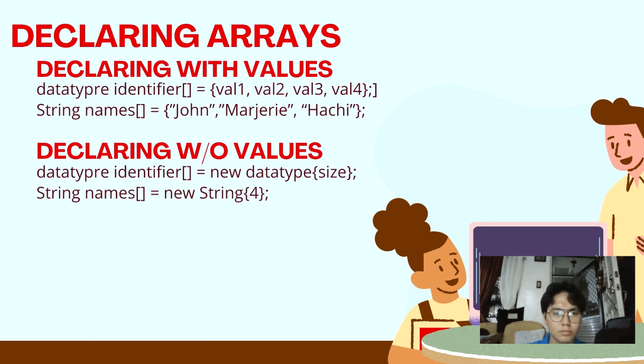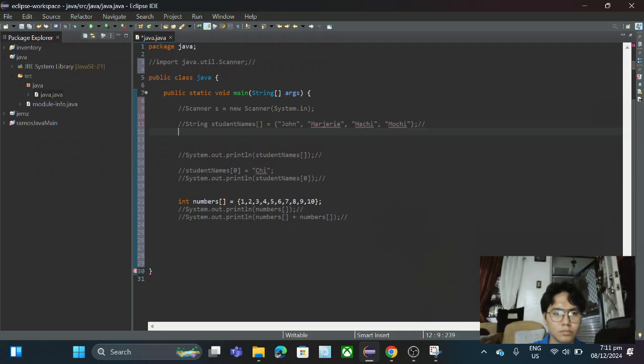So for our example, for declaring arrays with value, we will be using string student name, and then open and close brackets is equal to new string, and that is if you will be using letters or characters.